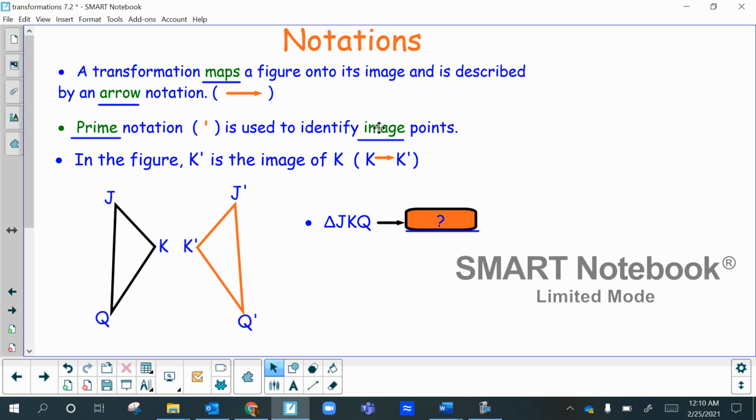That's used to identify the image points. And so in the figure, you have K prime, that's the image of K. And so it looks like this: K maps onto K prime. And so to do the whole figure, you have triangle JKQ, and it maps onto triangle J prime, K prime, Q prime.